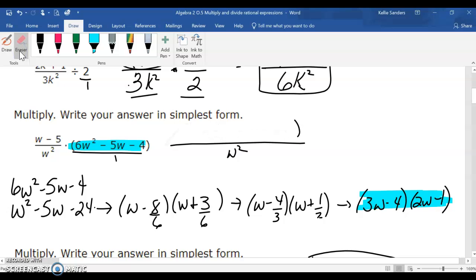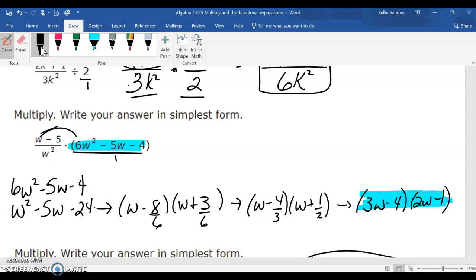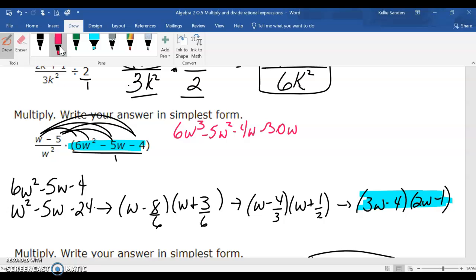So what happens is we have to distribute all of this and get 6w to the third minus 5w squared minus 4w minus 30w squared plus 25w plus 20.